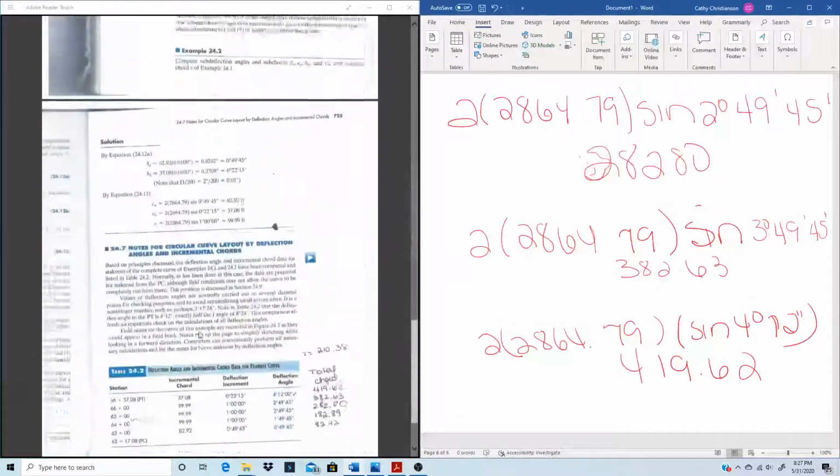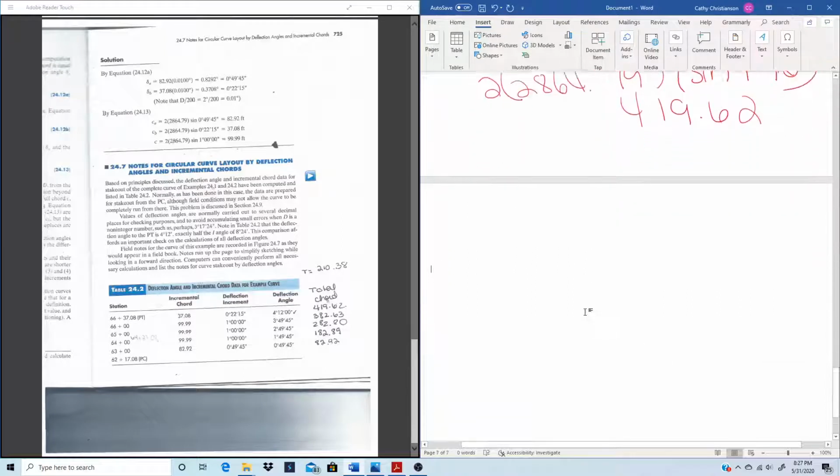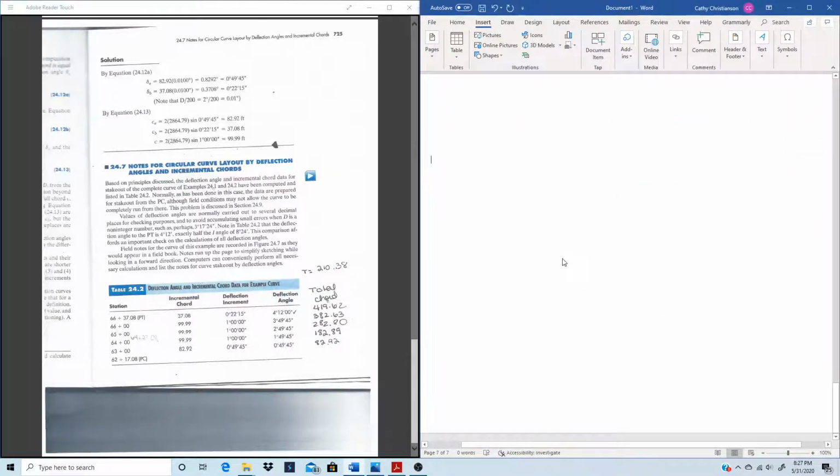Now, to come back and to actually fix these incremental chords, and that was the last thing they did, let me pull up one more page. The only difference is this time, using the same formula, it's 2R sine, and you're going to use the deflection increment.